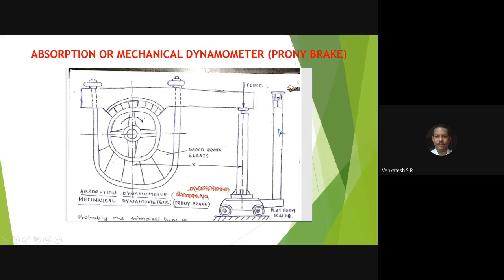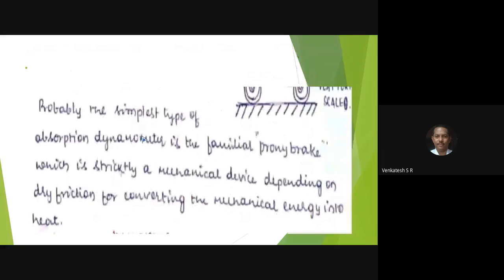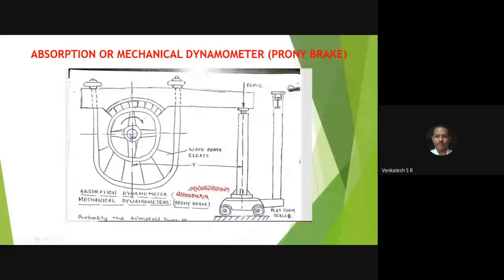This is the simple braking system used in two-wheeler or four-wheeler, and also in some machine tools. In turn it is called a mechanical dynamometer. In that you press the shaft to slow down the speed of the engine.